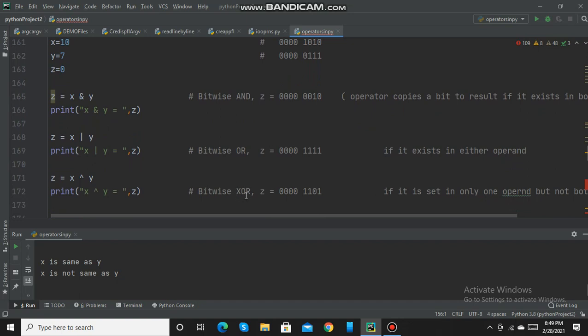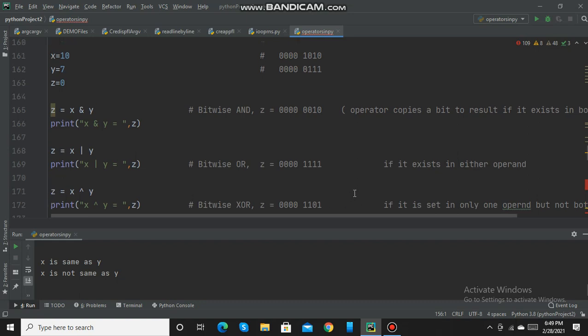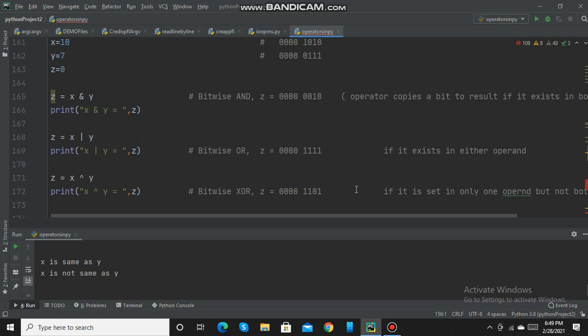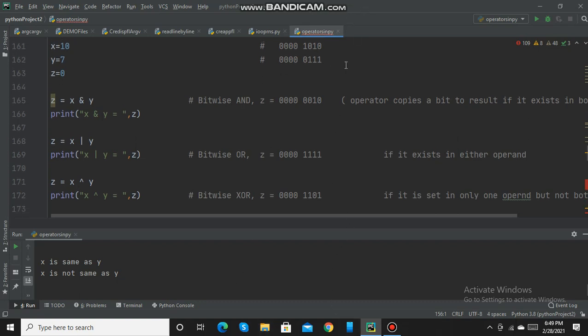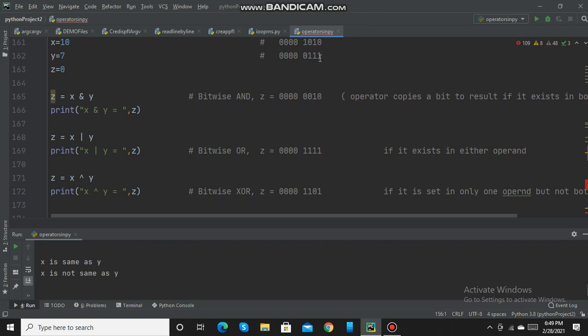Now the XOR operator. x XOR y, the result will be copied in z. So when we are using the XOR operator, the bit should be present only in one operand and not in both. So here it is present in one operand, so it is copied.